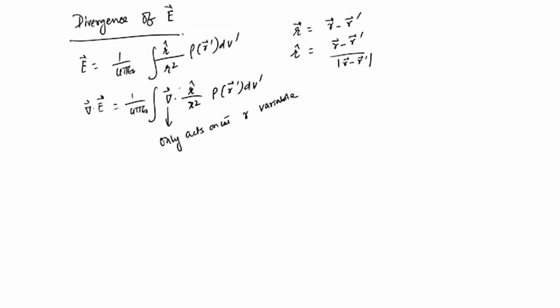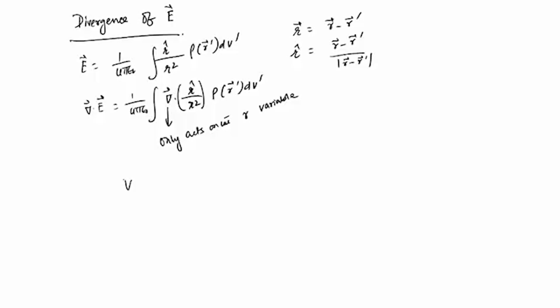And so, we only need to consider this divergence and do not need to worry about divergence of rho, which may still exist. But we do not need to talk about that. So, we have this term, which is divergence of r cap by r square.